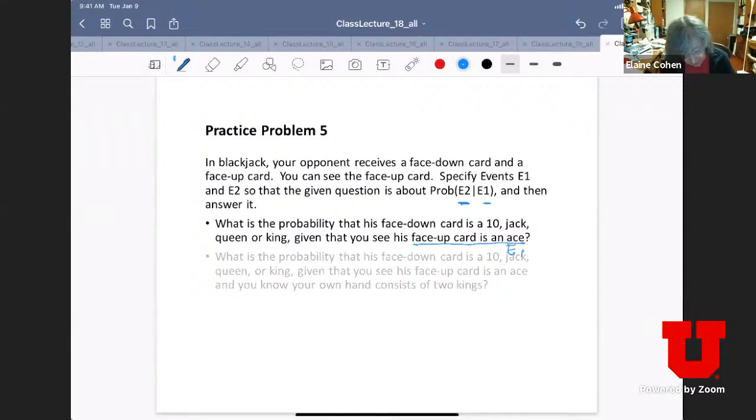Good. All right. So what's the probability? What's E2? Face down card is a 10, jack, queen or king. That's E2. So what is the probability of E2 given E1? So what's our sample space, by the way?